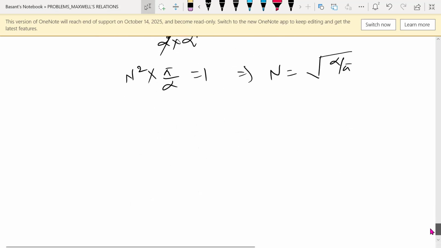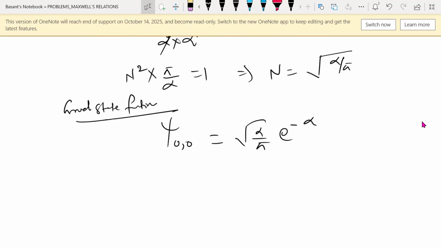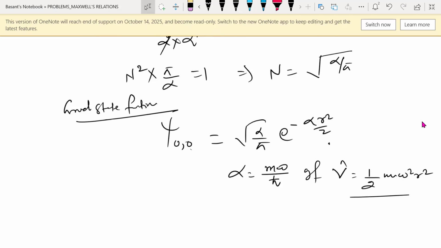Hence, the normalized ground state function psi 0,0 is equal to root under alpha by pi, and r to the power 0, that is 1, so e to the power minus alpha r square by 2, where alpha is m omega by h bar if the potential is half m omega square r square.